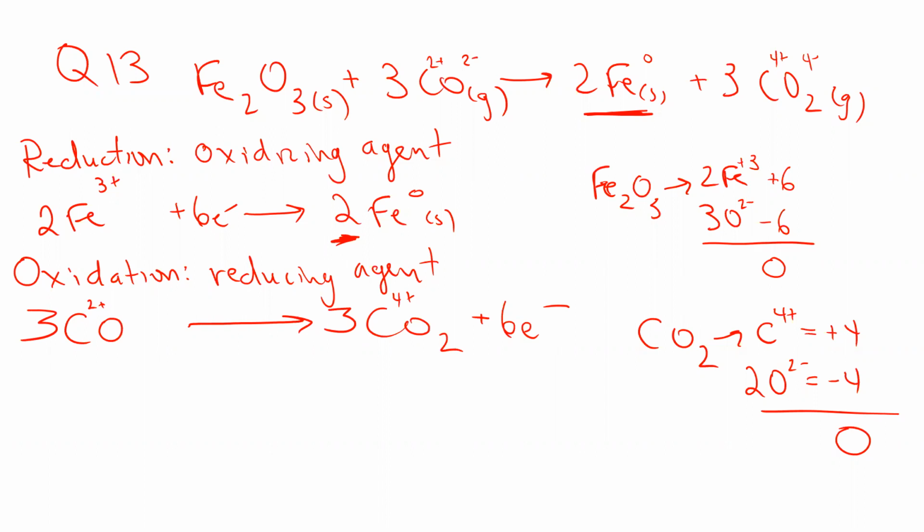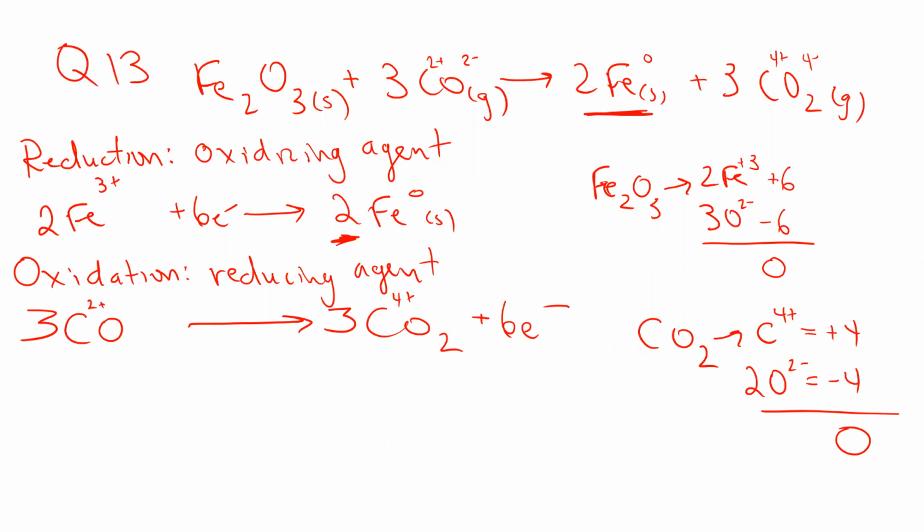We know oxygen is -2, so to balance that out, we assign +2 to carbon. It's not really carrying a charge, it's not an ion in solution, but we can assign a charge based on how many oxygens it's bonded to. Same thing here, we've got 2 oxygens to 1 carbon, so carbon went from 2+ to 4+. Even if it's molecular, we treat it like it's ionic and just assign some charges.